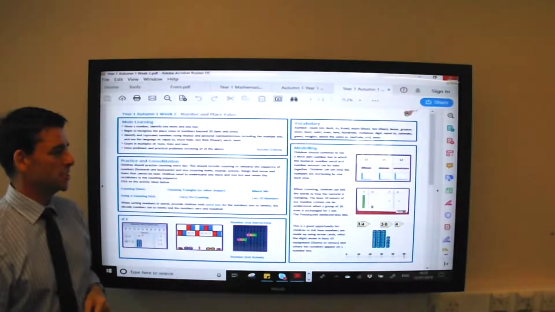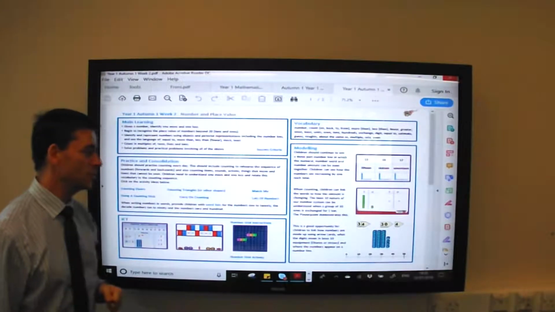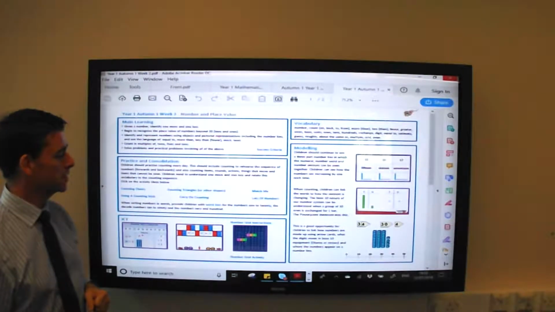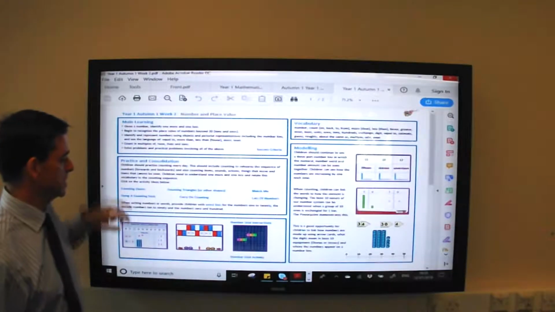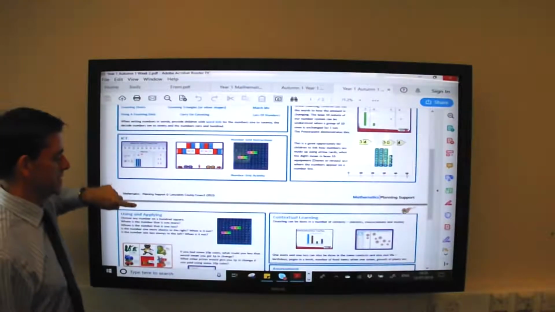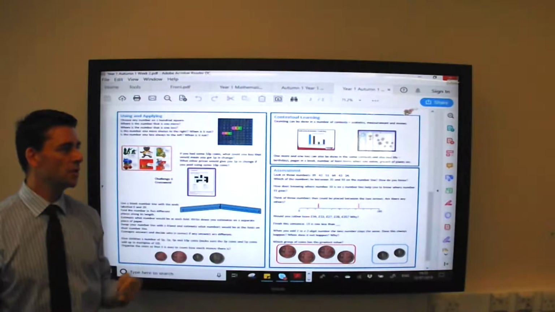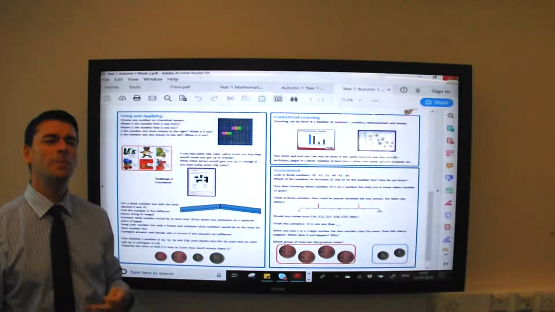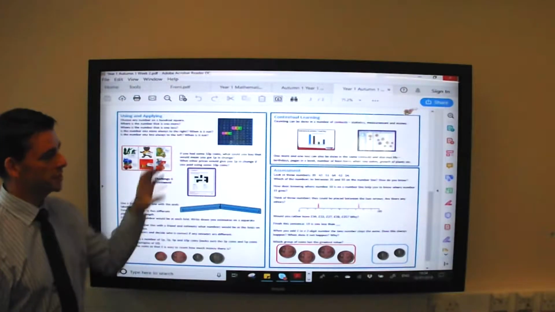So back to the page, and as you can see, there are 3 suggested ICT programs for this unit of work. There are 6 practice and consolidation activities, and then scrolling further down, we've got this page. This page is predominantly devoted to children's application of the knowledge and skills that they've learnt. We've got 3 sections here.